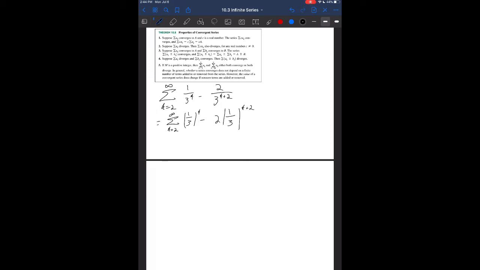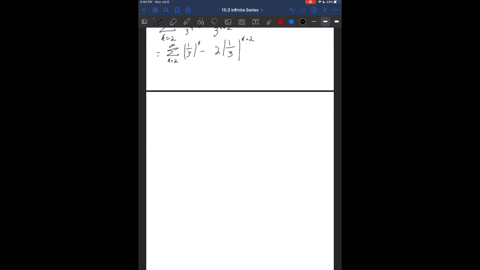So if we say that these are going to converge, and let's assume they do for a second, and we will actually show that they do, we can split this up into the sum from k equals 2 to infinity of 1/3 to the k, and then minus 2, so we can pull out a constant, times the sum from k equals 2 to infinity of 1/3 to the k plus 2.